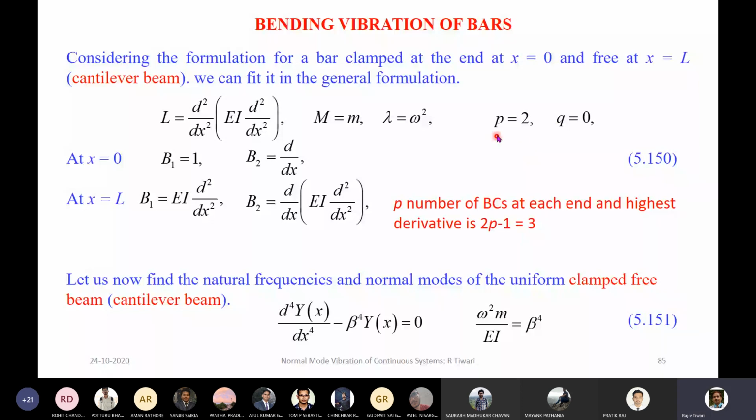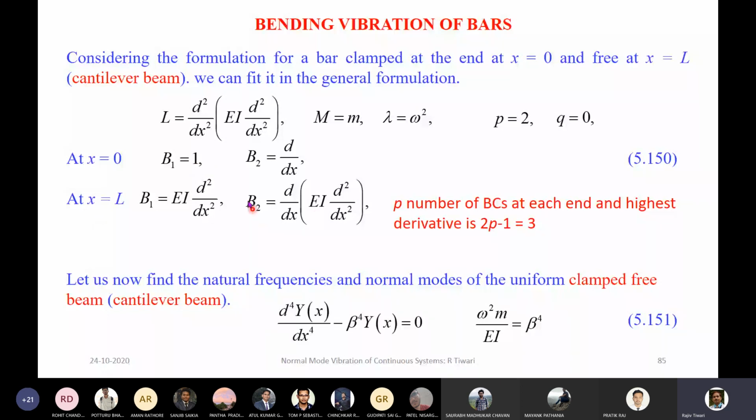Now at each boundary, when we say x is equal to 0, there is one boundary. We'll have two boundary conditions because p is equal to 2. In previous cases, we had only one boundary condition at one end. Similarly, at x is equal to L, we'll have another two boundary conditions.